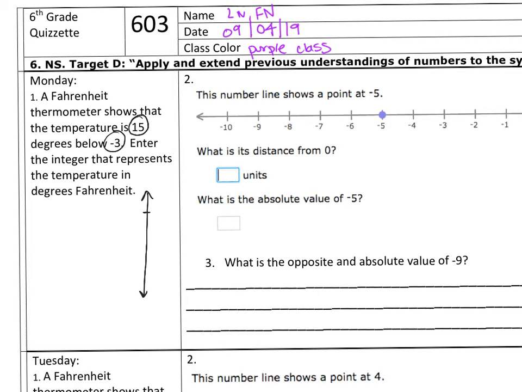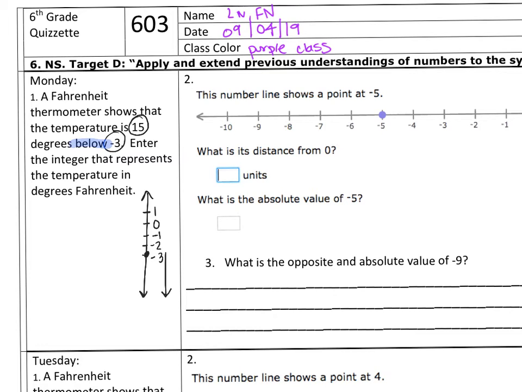So I'm going to start with, let's say 1, 0, -1, -2, -3. So now I know I start at -3, but I need to go 15 units below -3. All right, so it says that it is 15 degrees below, I'm going to highlight that, below -3.